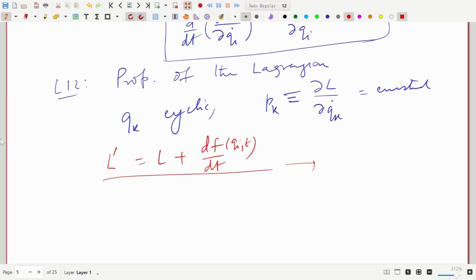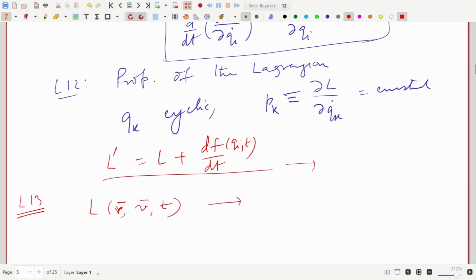Now in this lecture 13, we'll study the Lagrangian for a free particle. Let us consider a free particle which is described by its, say, position r, its velocity v and time t.